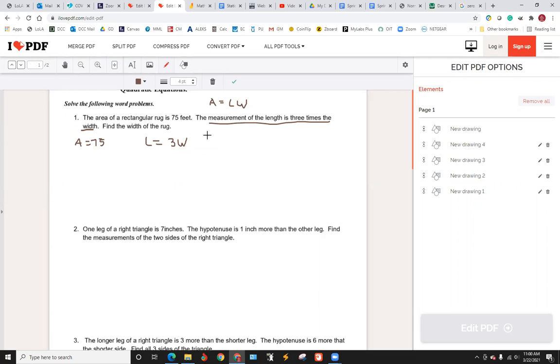All right, so now we've got these 2 bits of information. And you know what? If we substitute into this, I'm just going to write this here. And I'm going to put 75 there.